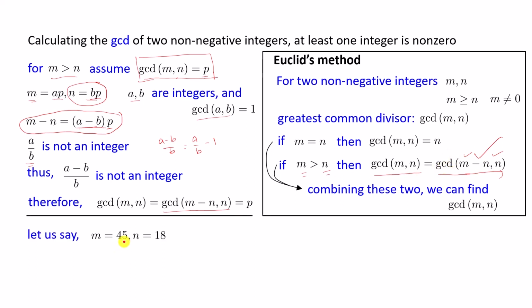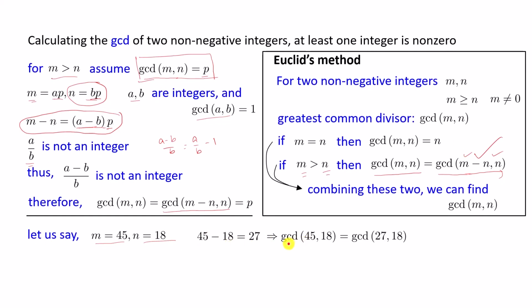So let us see an example now. So for example, I have m equals 45, n equals 18. It is very clear that between 45 and 18, the GCD is 9. But let's not bother about it. 45 minus 18 is 27.